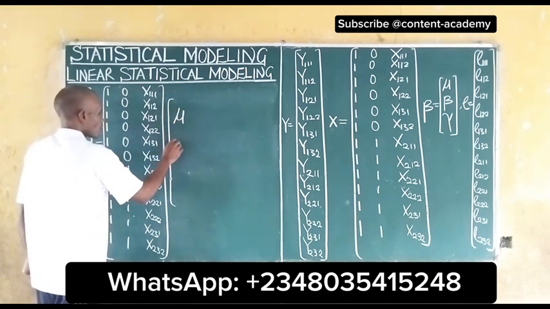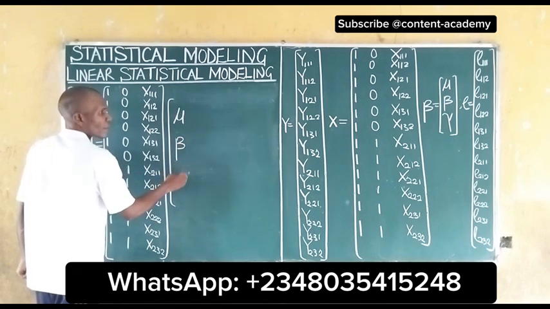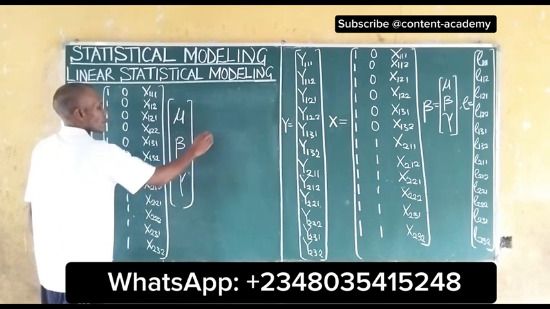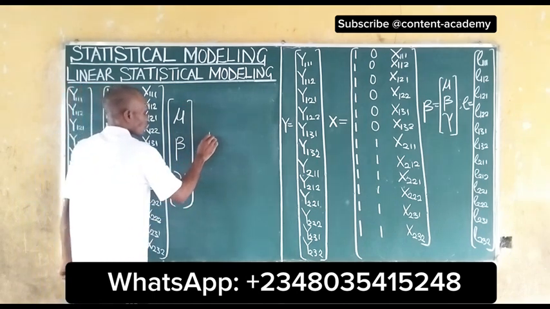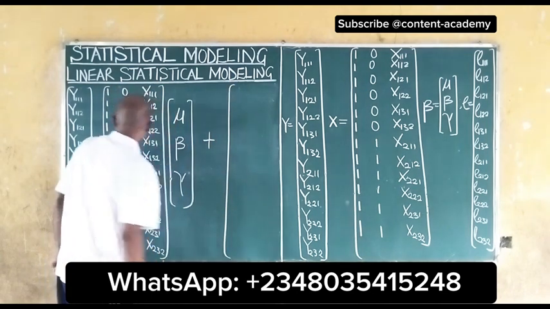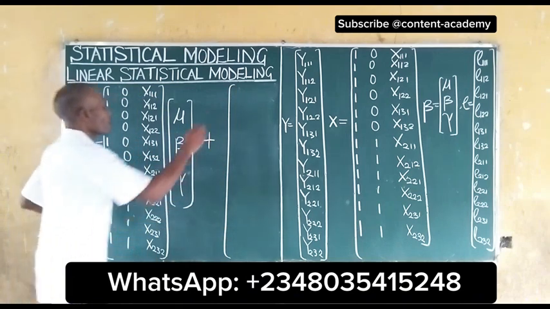mu, b, and our gamma, plus what we have for our error.